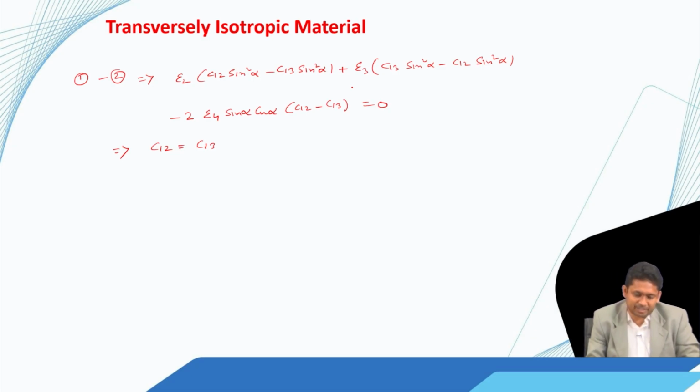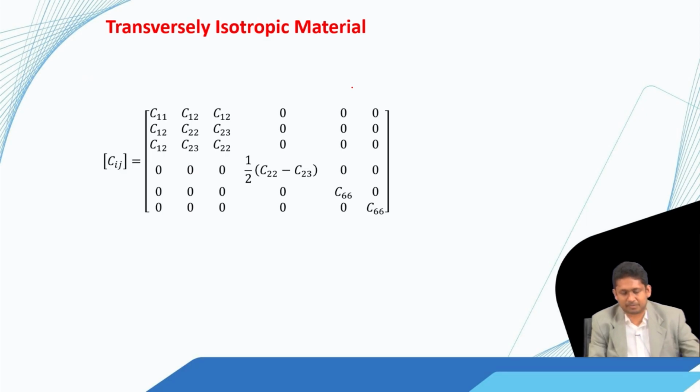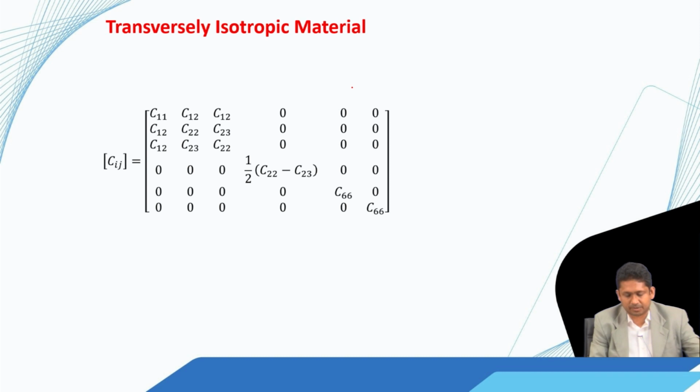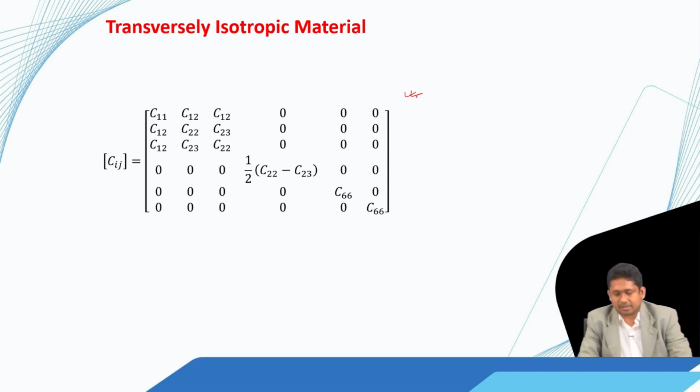Similarly, we can write these relations for different stresses and do these operations, and finally, after doing that, the relationship that we get is this. So, this becomes our new stiffness matrix, given that this material is orthotropic as well as having one plane of symmetry, that means transversely isotropic.